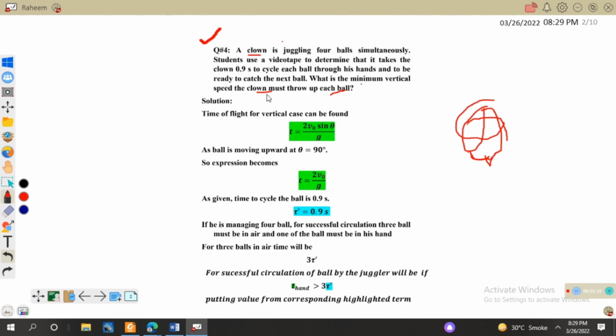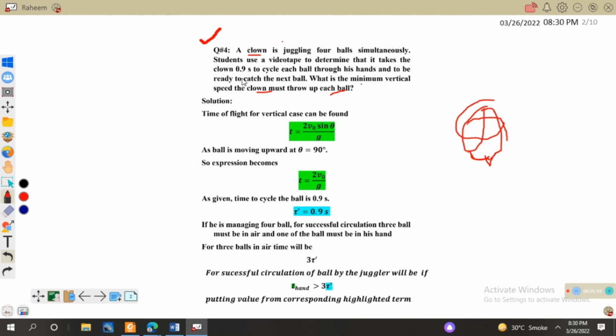So what the question asks: what is the minimum vertical speed the clown must throw up each ball? For successful circulation of these balls, what should be the vertical speed given to the ball?